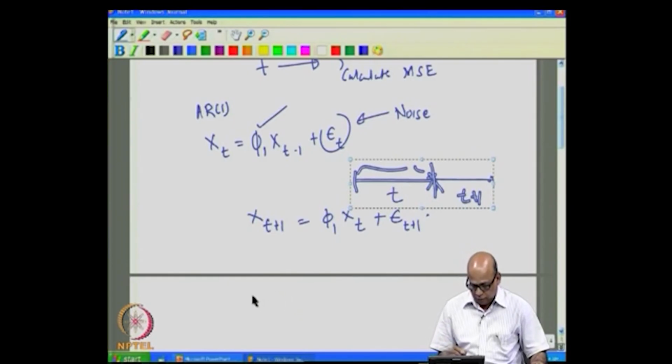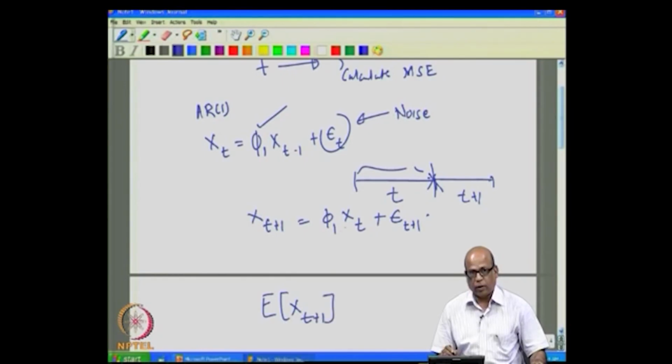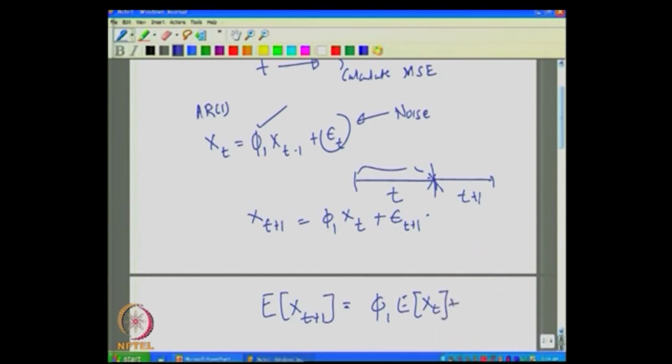Now, to do this, I will take the expected value of x t plus 1, which is equal to phi 1 into the expected value of x t plus the expected value of epsilon t plus 1.